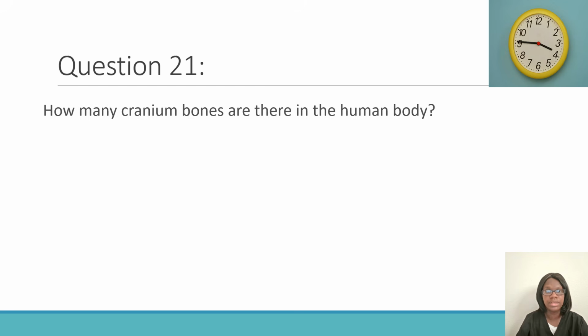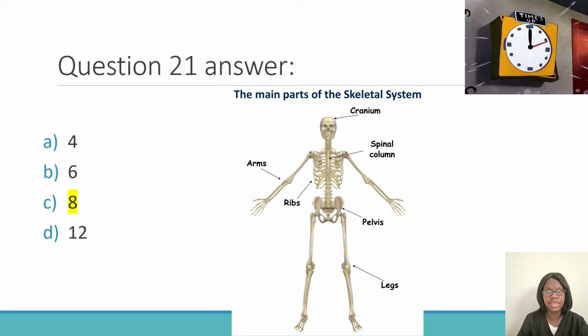Question 21. How many cranial bones are there in the human body? A, 4, B, 6, C, 8, or D, 12? Okay, the correct answer is C, 8.